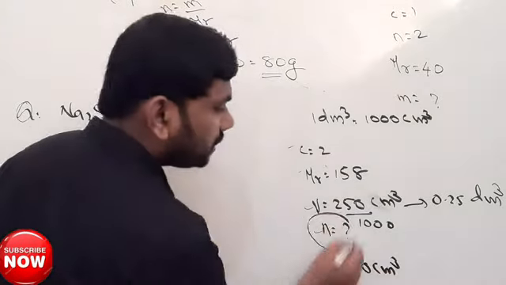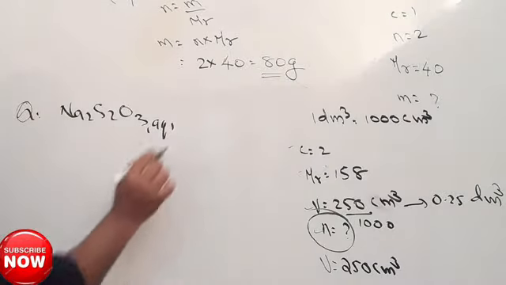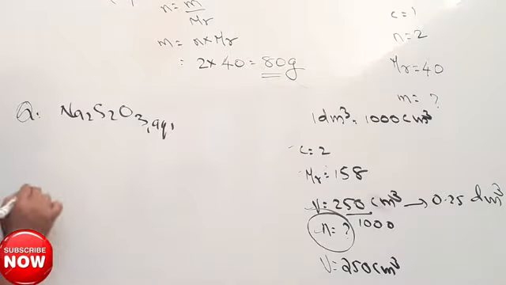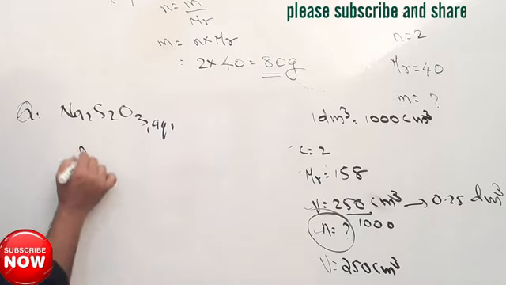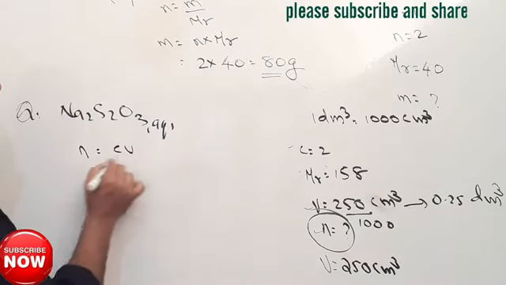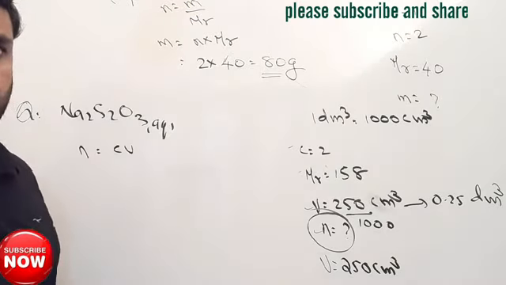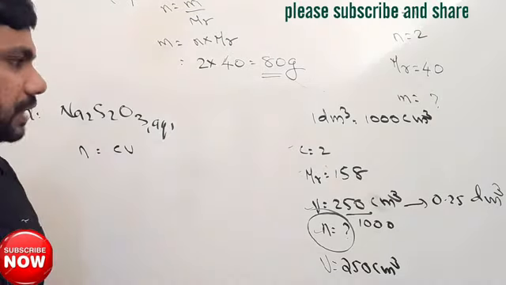So you can use number of moles is equal to Cv. Number of moles is equal to Cv.